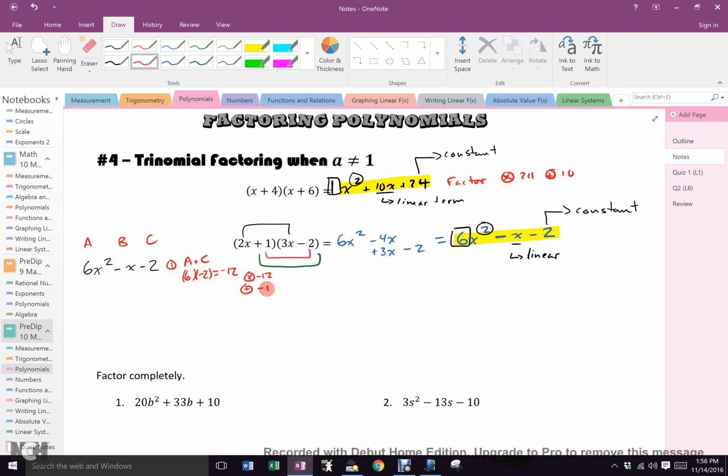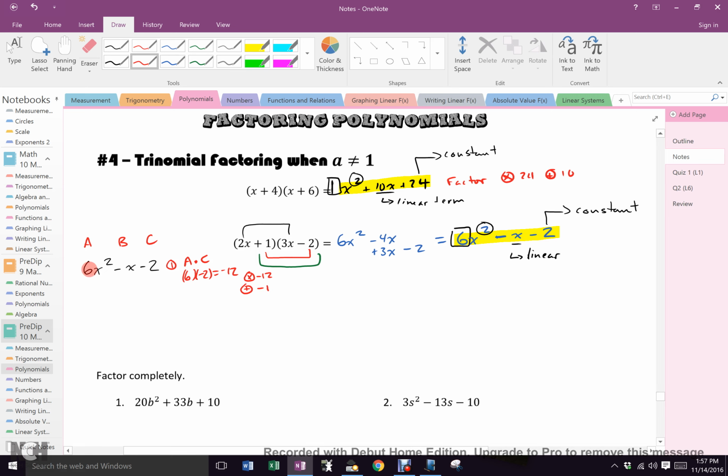What is it? 4 and 3, yes? Everyone agrees? It is 4 and 3, correct? Which one? Positive 4 or positive 3? Negative 4 and positive 3, right?